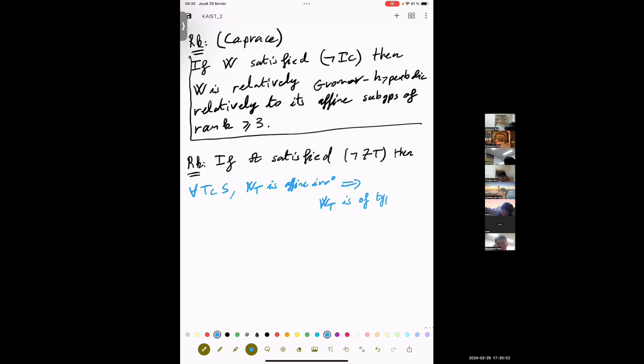As we saw last time, Coxeter groups of type A tilde are very, very, very special. And so I will call this property A tilde. So that's my definition of W satisfying property A tilde.